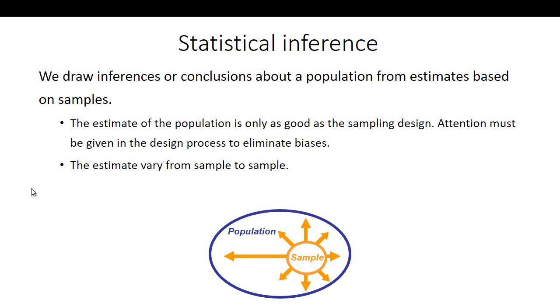If we pick a simple random sample of voters, the result that we see may not be the same if we pick another simple random sample of voters. So the estimates vary from sample to sample. However, the bigger the sample, the better the estimate.